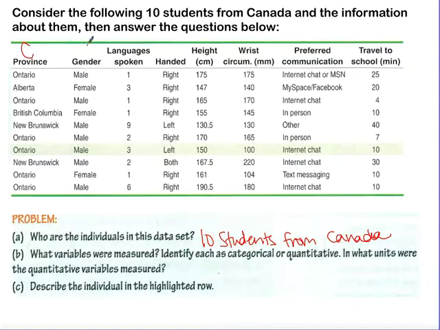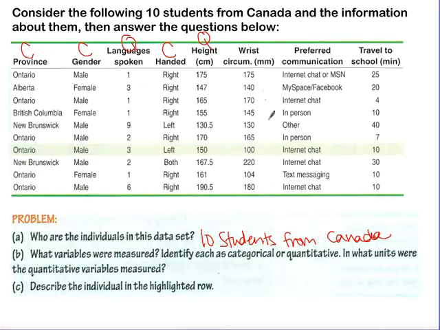Gender would be categorical. Languages spoken, however, would be quantitative because I could find the average for the number of languages spoken from these 10 students from Canada. Handed would be categorical because you can't exactly find the average handedness of a group.